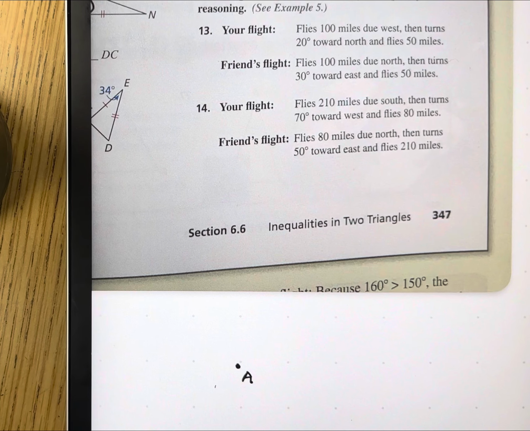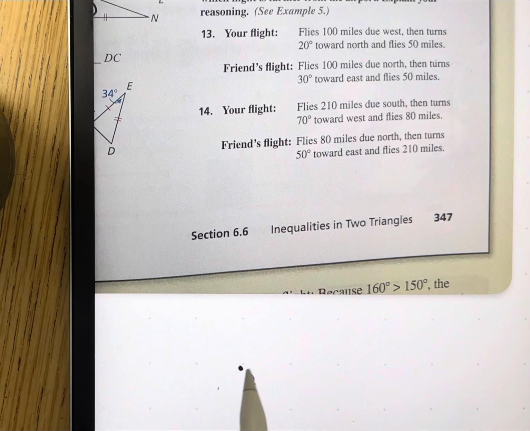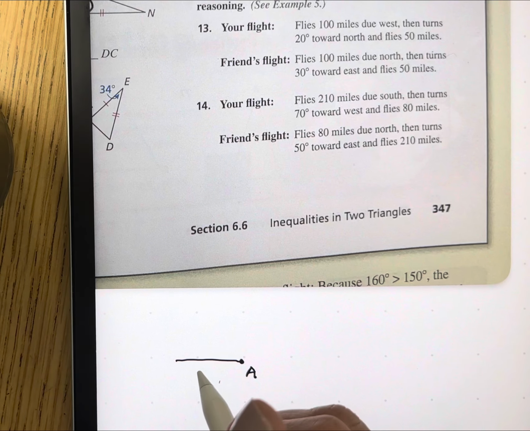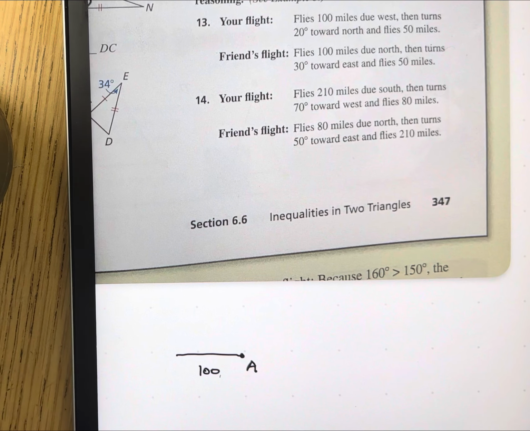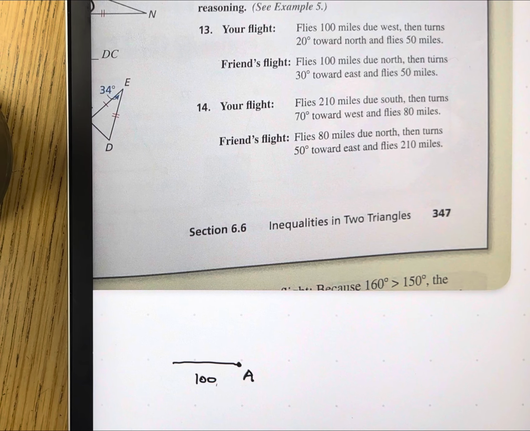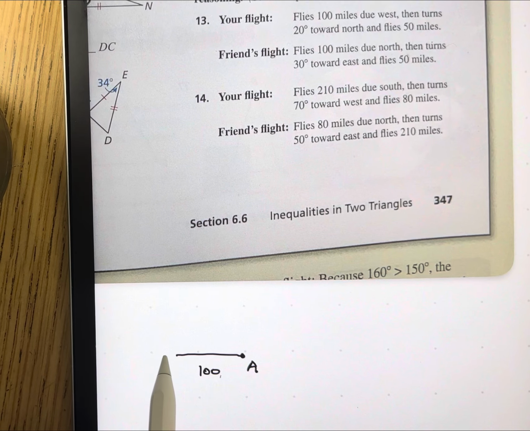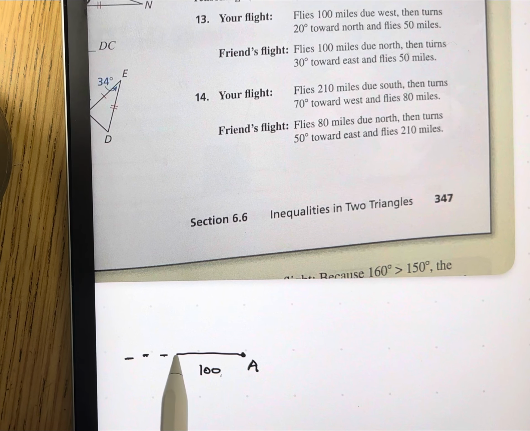My flight leaves the airport and heads west for 100 miles. And then from there, it turns 20 degrees toward north. So from where it left off, it goes towards north.